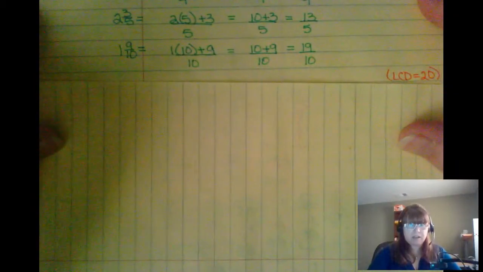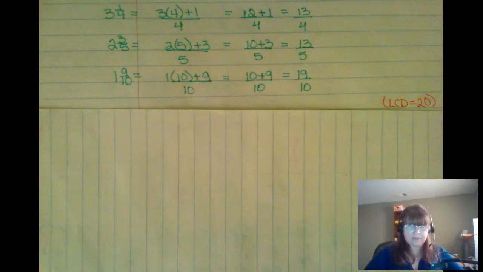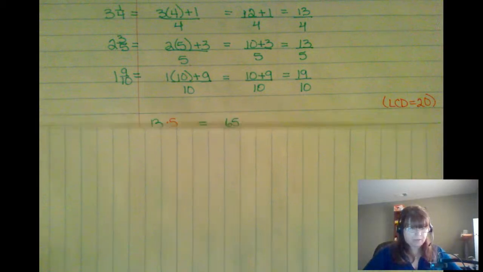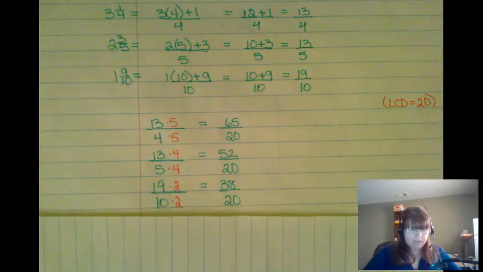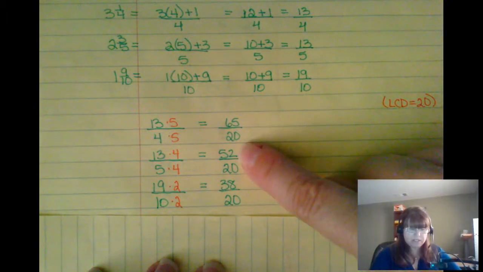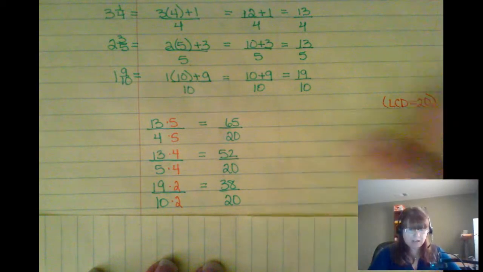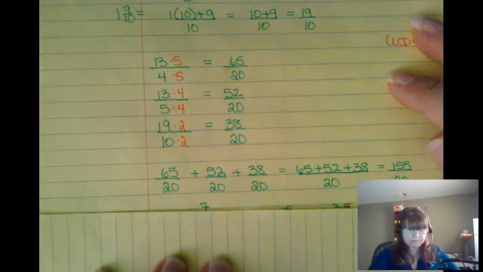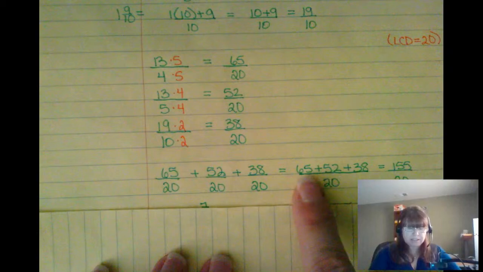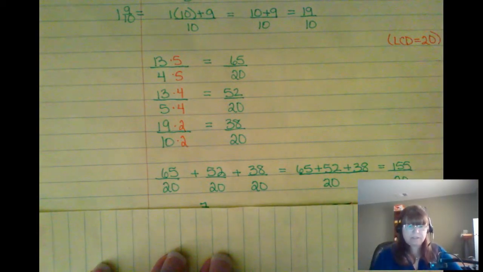From there, I'm going to find the LCD, which in this case for 4, 5, and 10 is 20. Therefore, my new fractions are 65/20, 52/20, 38/20, and I'm going to add all of the numerators. 65 plus 52 plus 38 is 155 all over 20.